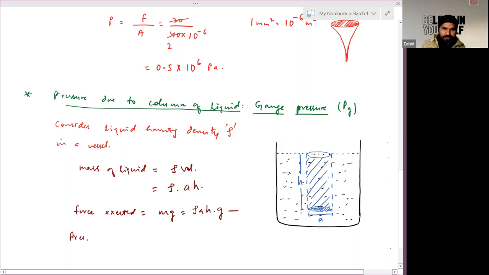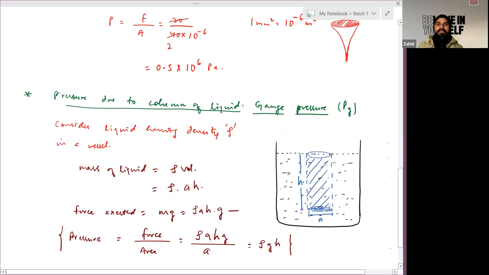So we can say pressure equals force exerted over area of impact. Force is rho A H times gravity divided by area. So A and A will cancel out, and you'll get rho g h. In this expression, we have gravity.